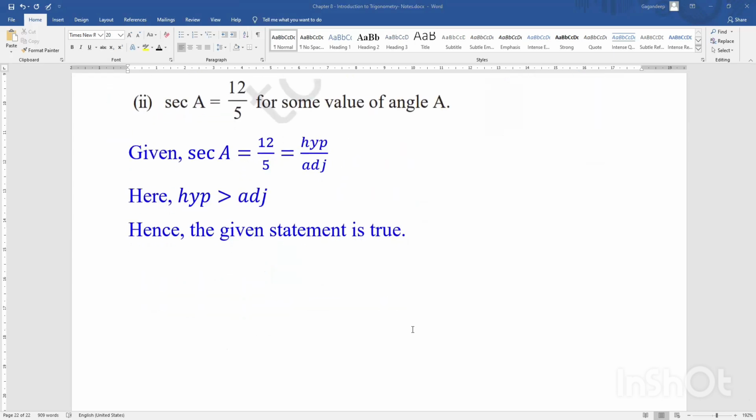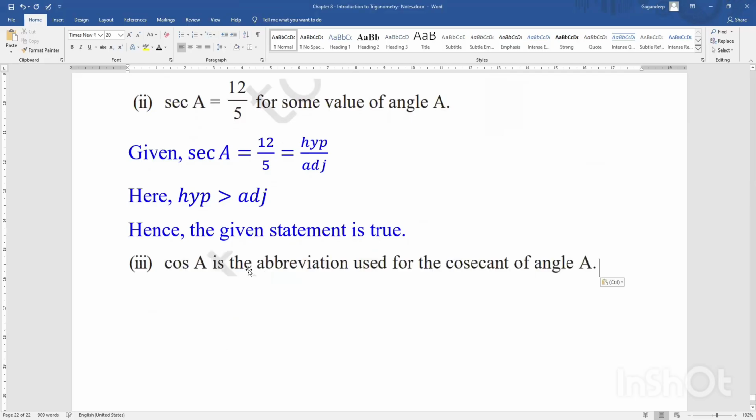Then the next question I have is: cos A is the abbreviation used for the cosecant of angle A. See, actually, what is cos A?